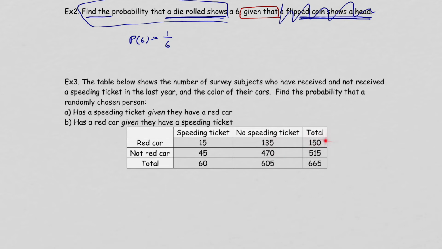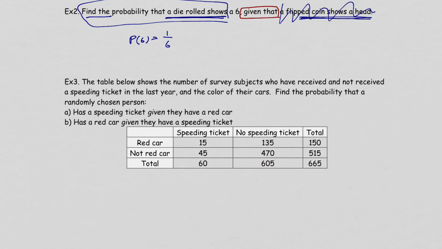So there are a total of 150 red cars. Non-red cars, 45 got speeding tickets and 470 didn't get speeding tickets. The total of non-red cars is 515, right? And the total of cars that got a speeding ticket was 60. Not getting a speeding ticket is 605.